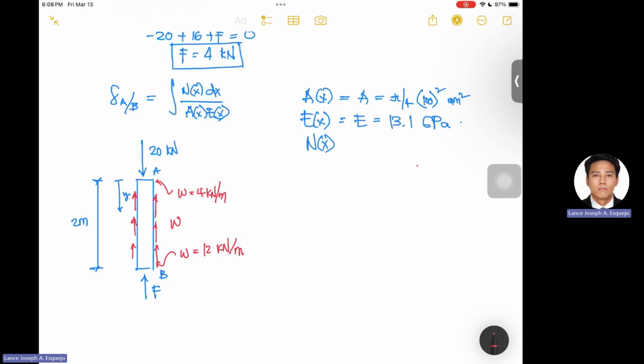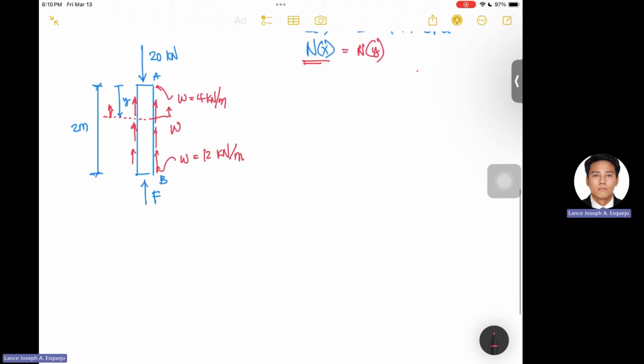So for us to determine the value of N of x, however, in this scenario, N of x becomes N of Y. So for us to determine the value of N of Y, we have to take a section here, and then this becomes, again, 20 kilonewtons. This is the post and the section here.